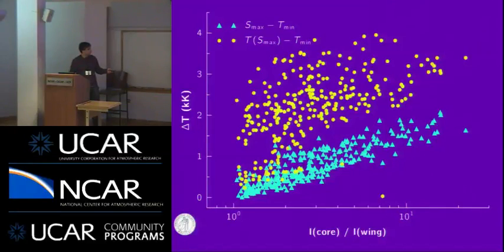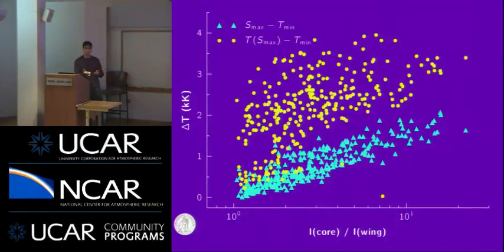And then these triangles, in fact, show the source function in brightness temperature units. So this shows a more or less linear relation between the increase in intensity and increase in source function, which is more or less what we expected, because Eddington-Barbier holds for this line. So this just tells you when the source function increases, the intensity increases. And you can kind of measure the temperature difference in the atmosphere by that.